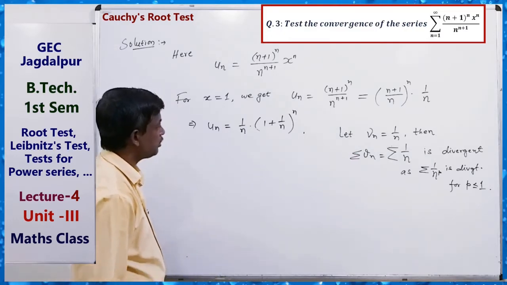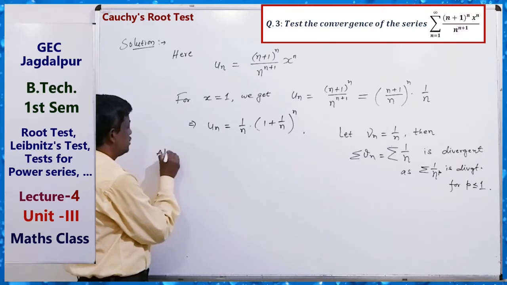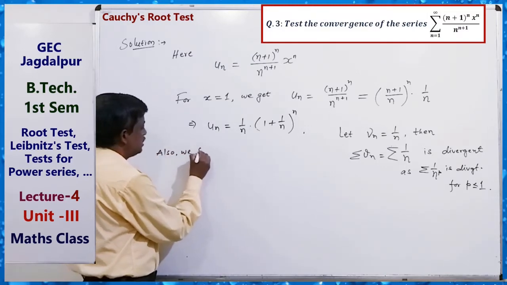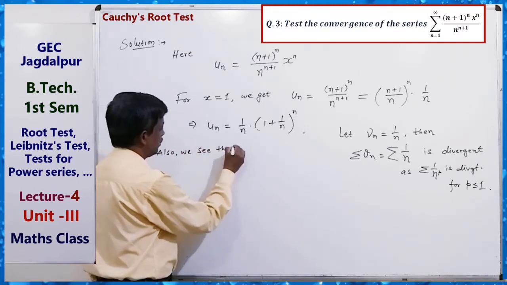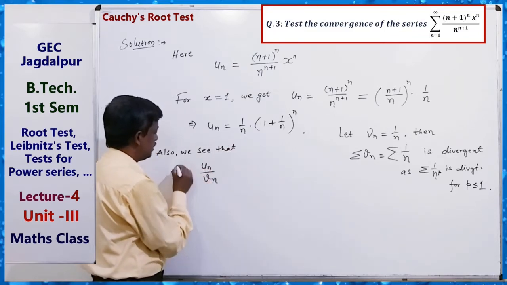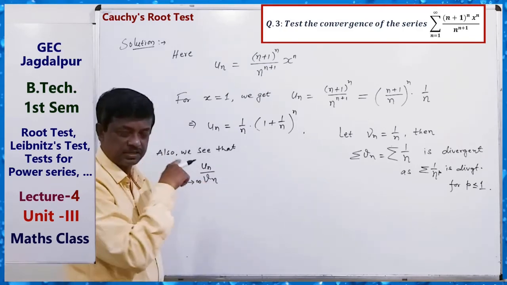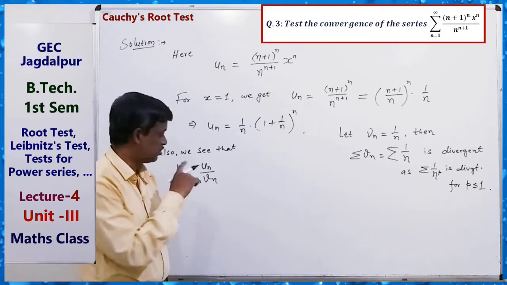Also, we see that the limit as n tends to infinity of un upon vn is the condition for the comparison test.